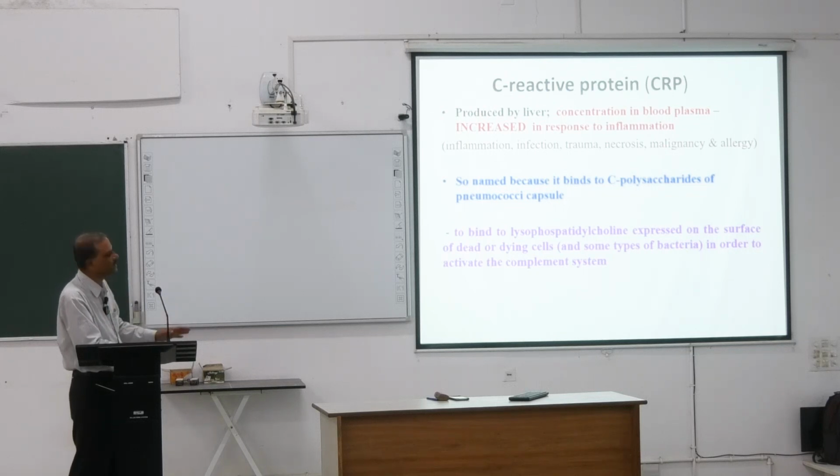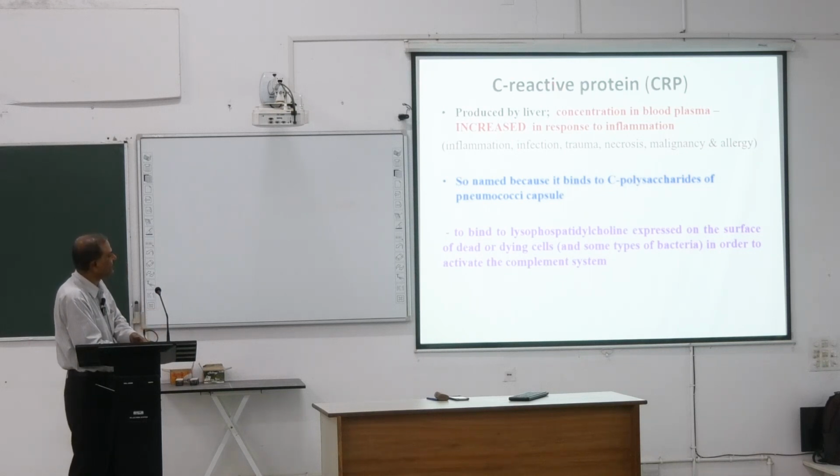With any cause of inflammation, you will get a C-reactive protein increase. Commonly it is done for infection, because for trauma you know the history and can monitor it. Necrosis you cannot always diagnose, but the most common indication for C-reactive protein is active infection.